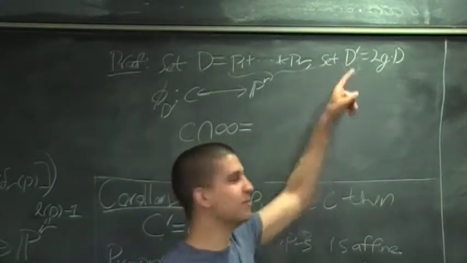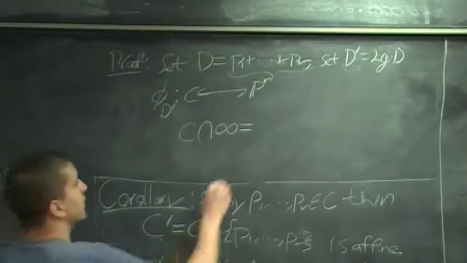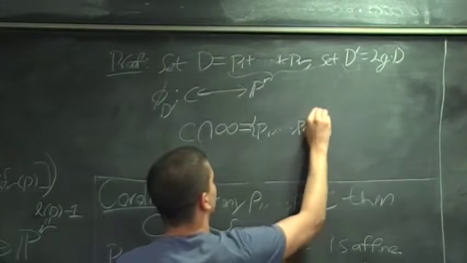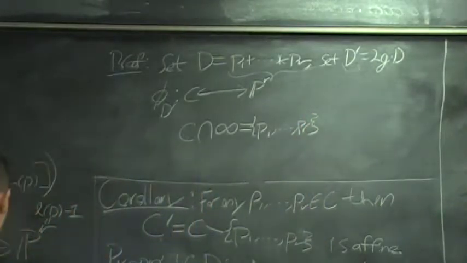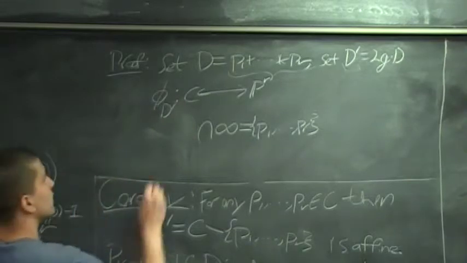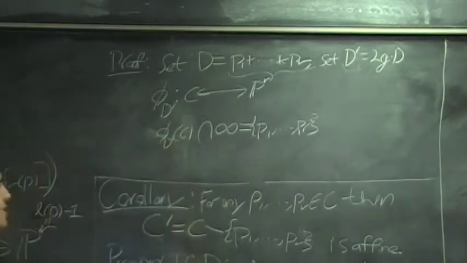We get D prime. But for our purposes, we don't care about the multiplicities. All we care about is the set of points. Technically, I should write not C, but its image in this projective space.